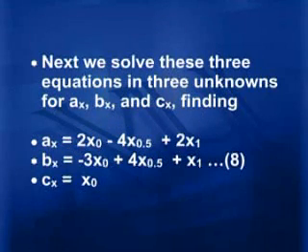Next, we solve these 3 equations in 3 unknowns for ax, bx and cx, finding the values for all 3. You can see on your screens that ax is equal to 2x0 minus 4x0.5 plus 2x1. bx is equal to minus 3x0 plus 4x0.5 minus x1.